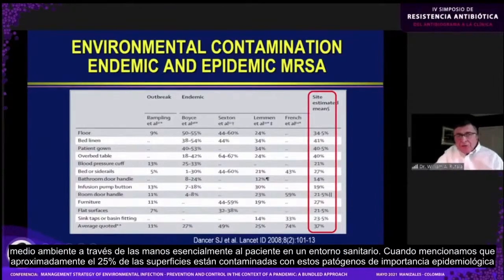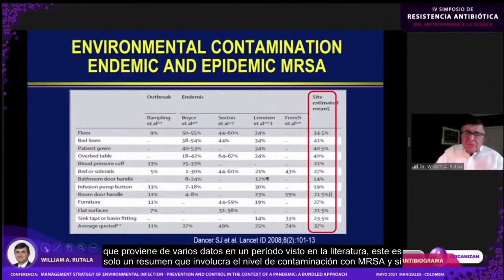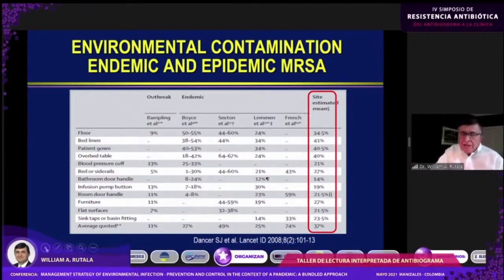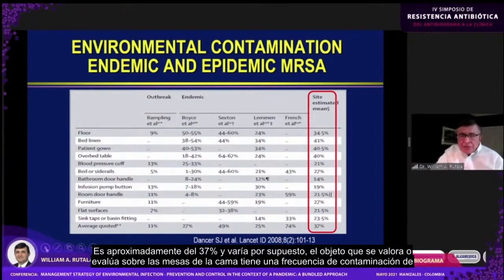When we mentioned that approximately 25% of surfaces are contaminated with these epidemiologically important pathogens, that comes from various data in the peer-reviewed literature. This is only one summary involving the level of contamination with MRSA. And if you look at this particular slide, you will see that overall, the level of contamination in rooms of patients that are colonized or infected with MRSA is approximately 37%.